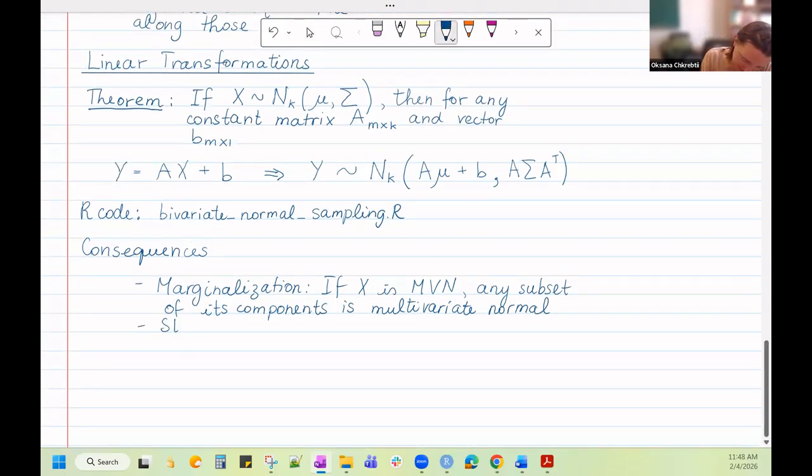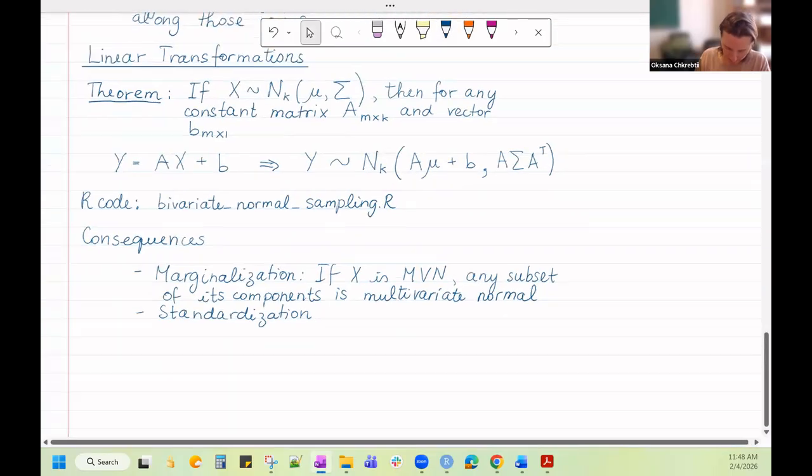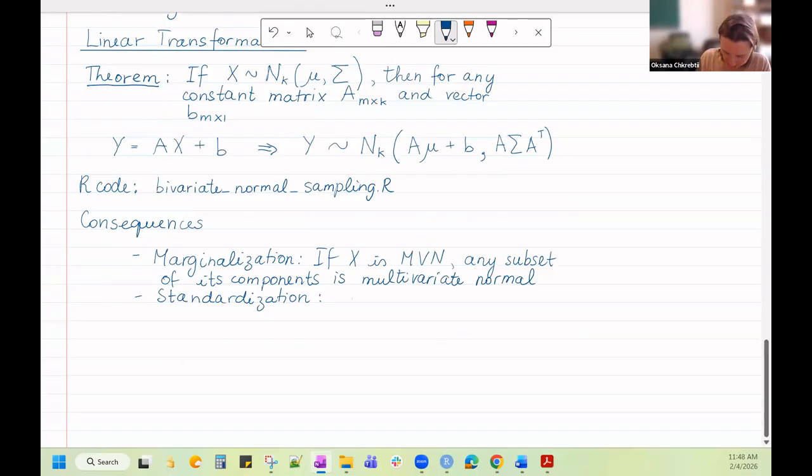And standardization. So if we decompose the covariance matrix sigma into sigma to the 1/2 times the transpose of sigma to the 1/2, for instance, you may use Cholesky decomposition to do this.